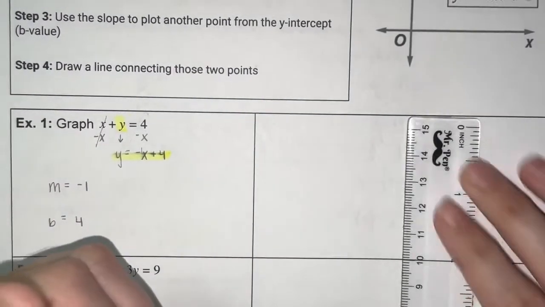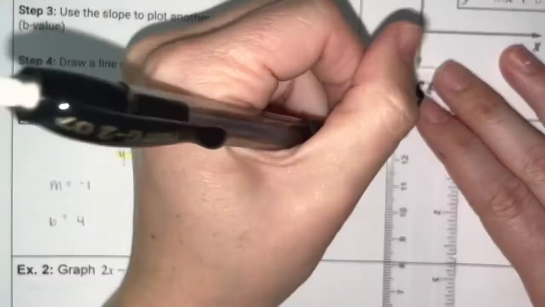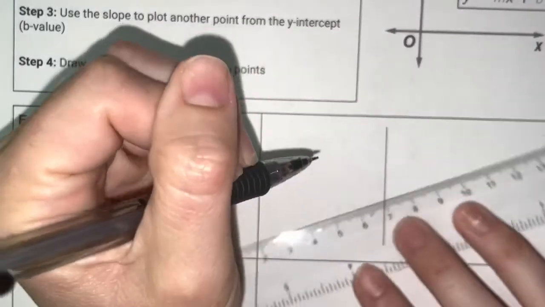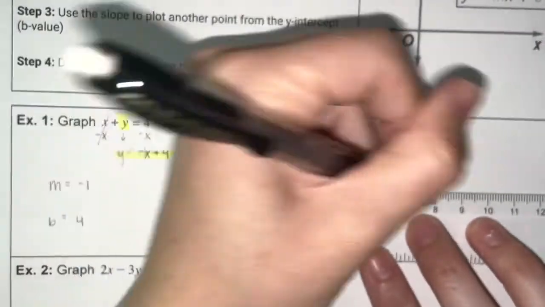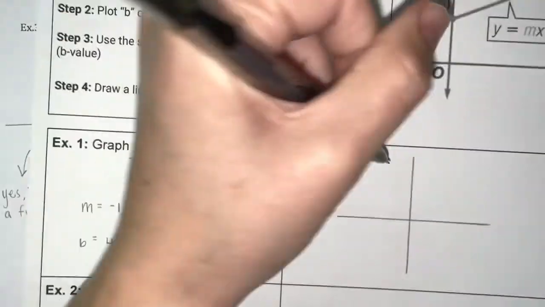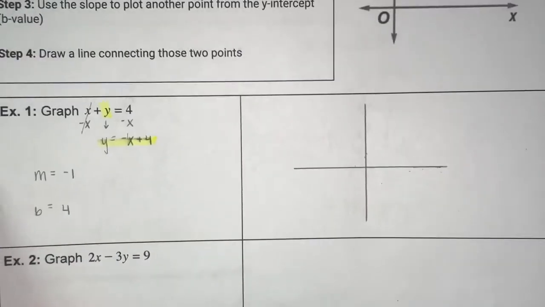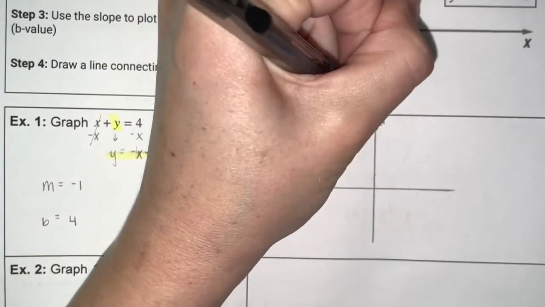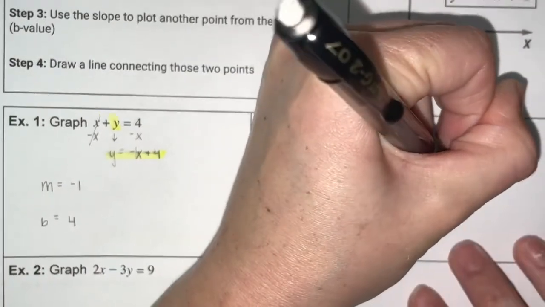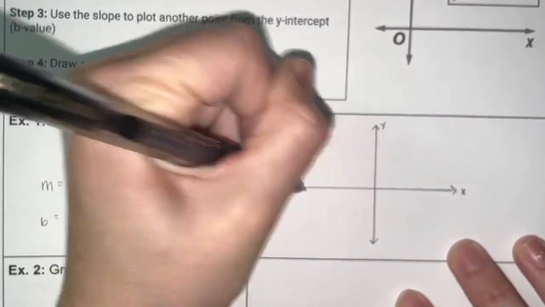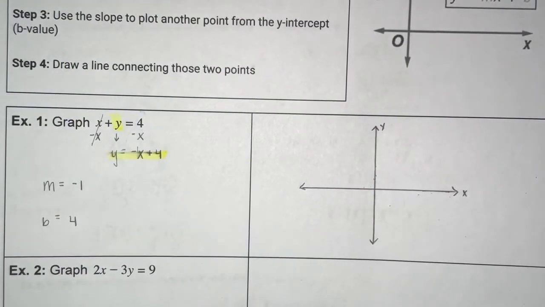And then we're ready to set up the x and y axis. I need to set up my tick marks so that I can fit my whole graph on there, and I'm starting at 4.